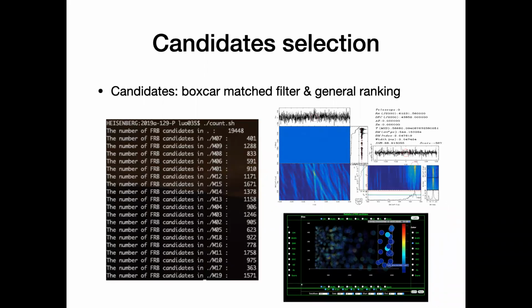And here's the candidate number. In the plot on the left, there are about 20,000 candidates. It's not too large a number, and in our pipeline we have a ranking strategy that puts all of the candidate parameters in such a statistics diagram.